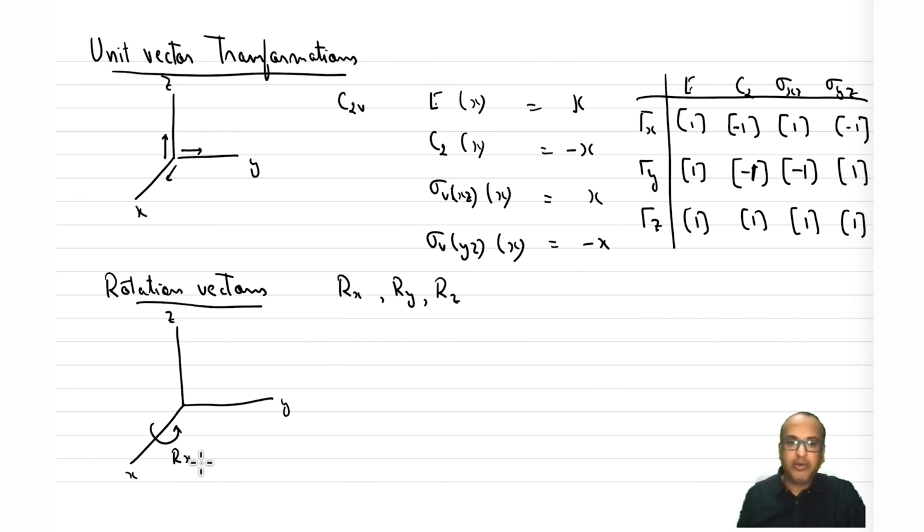So this rotation vector is called the Rx vector. Similarly, this will be Ry, and this will be Rz. So in all three cases, I have drawn an anti-clockwise rotation vector when looking from the positive side of the axis towards the origin. Now if I carry out these operations onto these vectors, what kind of characters do I get?